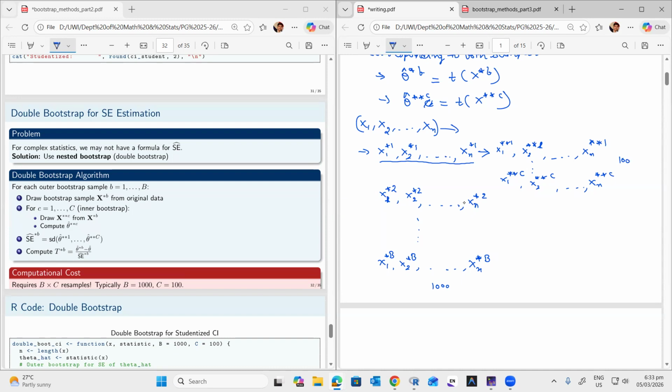This sample we will call the outer, and this sample we will call the inner. You need to do it for each sample again.